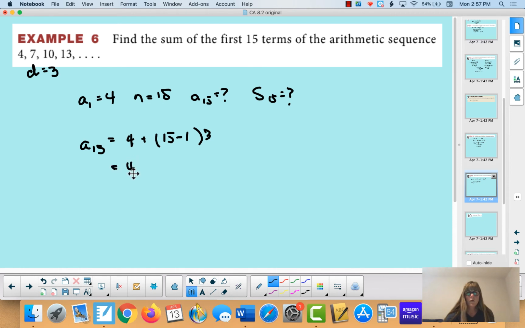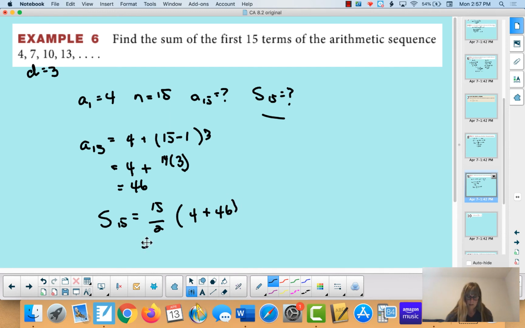So that's 4 plus 14 times 3, so that's 46. Now that we know a sub 15, we can find S sub 15 by using that formula. So that would be n, which we said is 15, divided by 2 times the first term plus the last term, and that gives us 375.